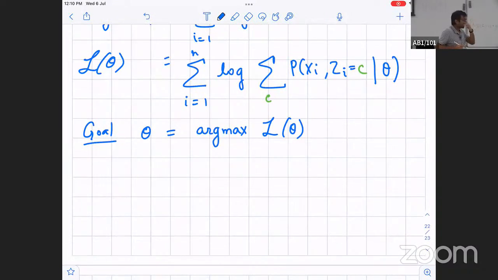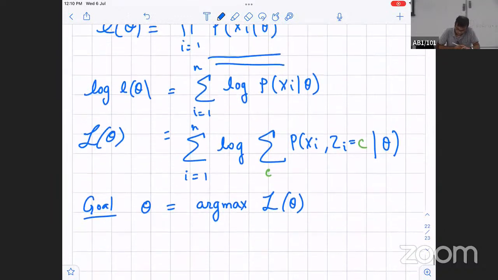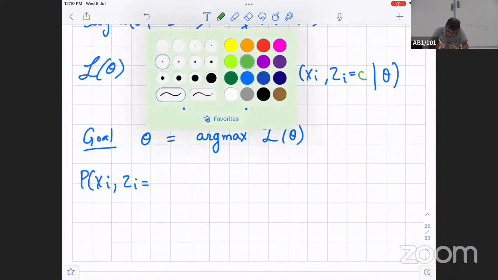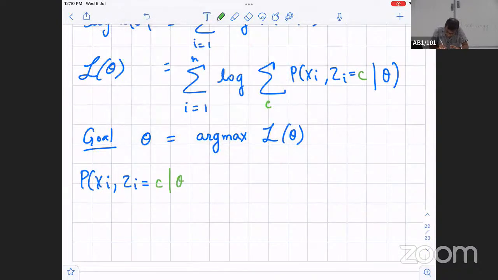We will try to take the gradient with respect to each parameter and give you some expression in terms of the gradient. So let me remind you, P of xi, zi equal to c given theta.